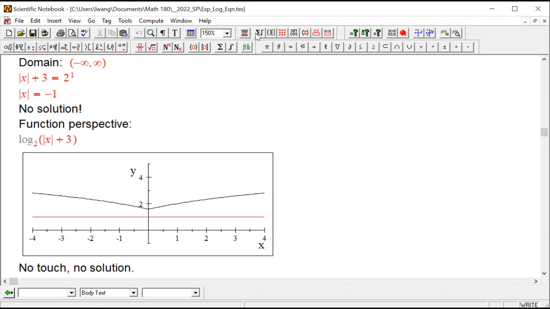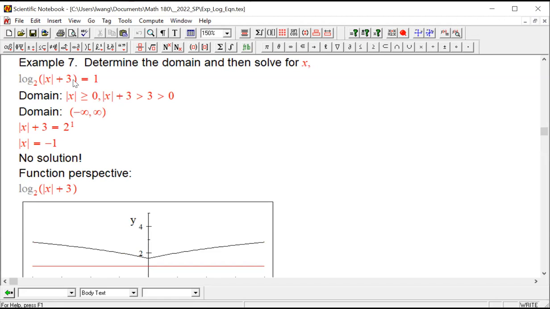If you look at the picture, it's very obvious. And the other thing is that you can see this piece is already guaranteed.